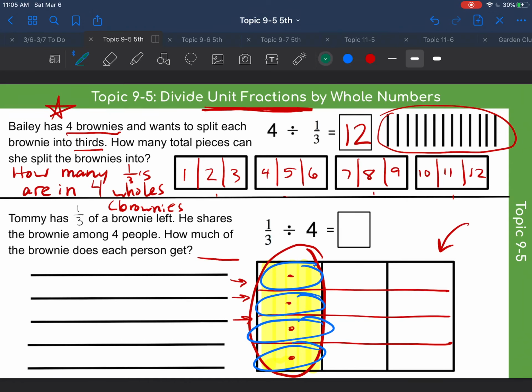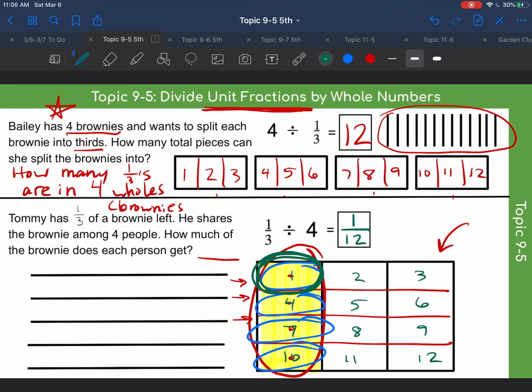Well, each person, so let's say if this was my piece, it's 1 out of 1, 2, 3, 4, 5, 6, 7, 8, 9, 10, 11, 12. So each person gets 1/12 of a brownie. Now, hopefully those are giant brownies, so that 1/12 is bigger. But if we're talking about bite-sized brownies, each person really is not going to get a lot of a brownie.